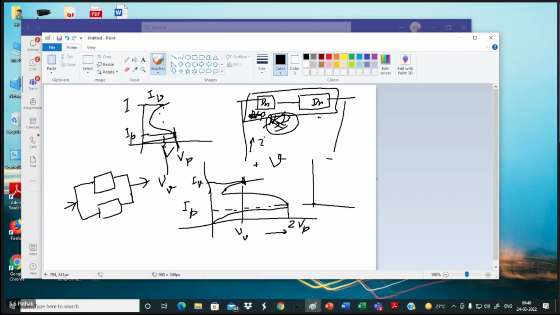Here it will be your VP only. Your IV, this is my VV, so VP, and IP will be from both the directions. So it will be something like that. So this is my VP.